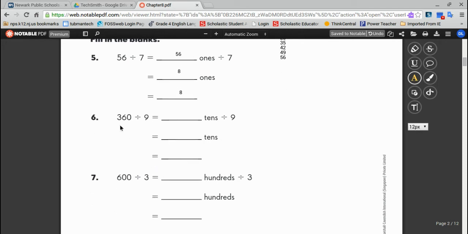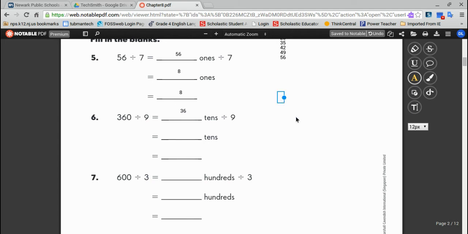Over here, number 6, 360 divided by 9 equals blank tens divided by 9. So over here, since we have a 0 at the end, we know that 0 can represent our 10. So really, it's just 36 tens divided by 9. So over here, 36 tens divided by 9, and all we have to do is just 36 divided by 9.